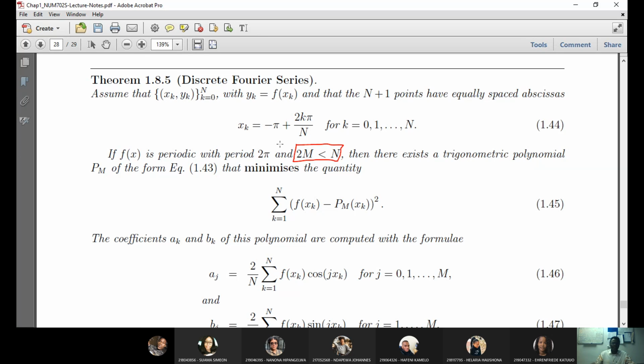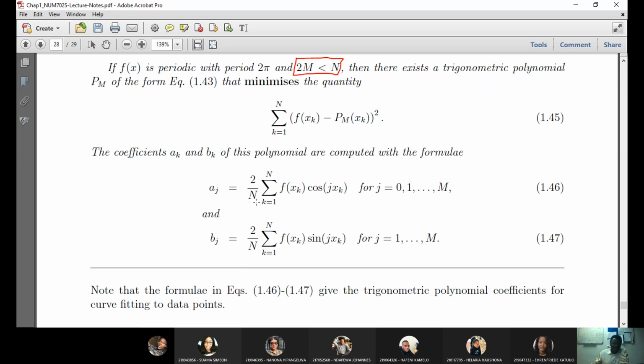That is a requirement: twice the degree of the polynomial should be less than capital N, where capital N is the number of data points minus 1. And the coefficients are given by this formula.